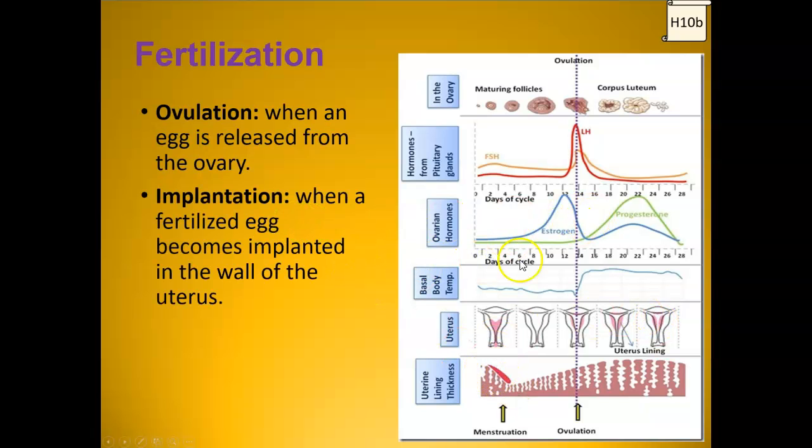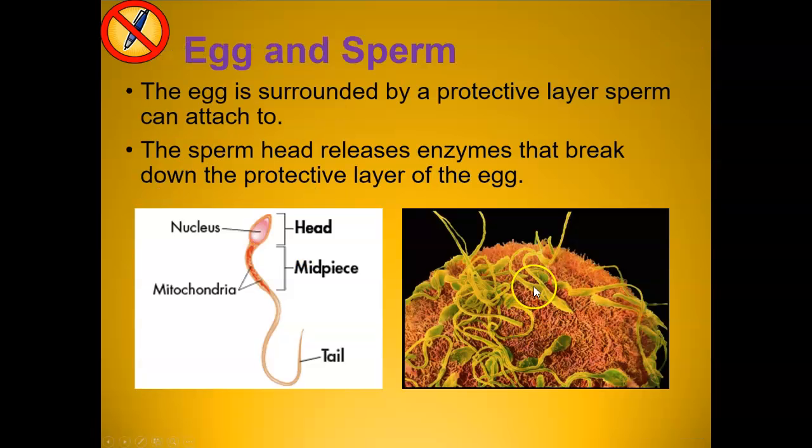Implantation is when the egg becomes implanted in the wall of the uterus, which would happen anywhere through here. When they meet, the egg is surrounded by a protective layer that sperm can attach to. On the very head of the sperm, there's a little enzyme packet that breaks down that protective layer.